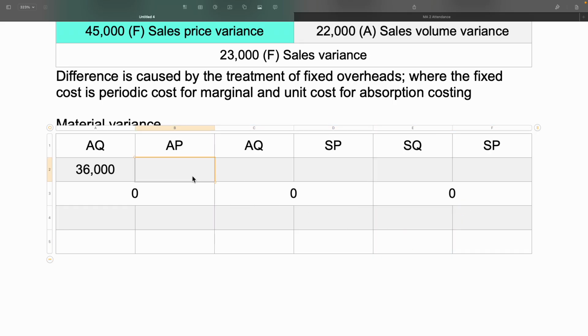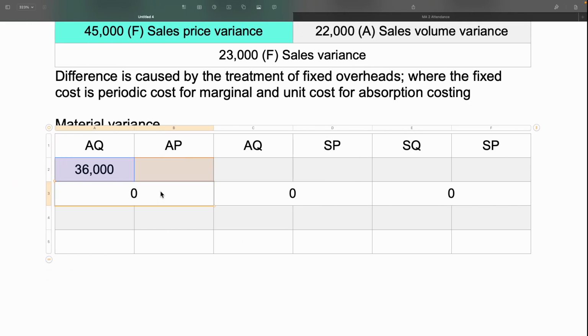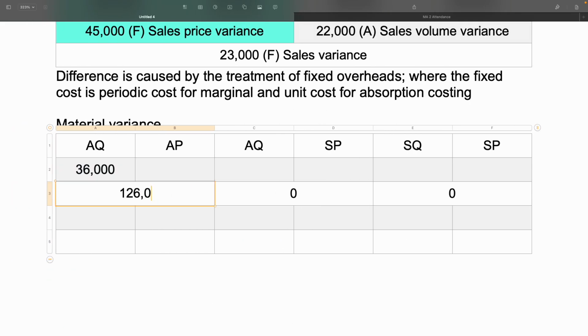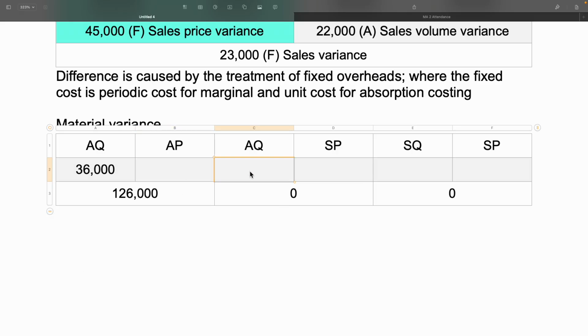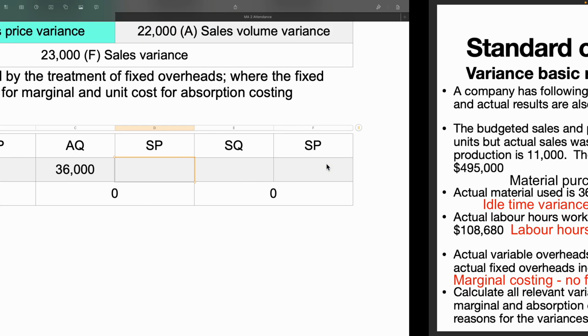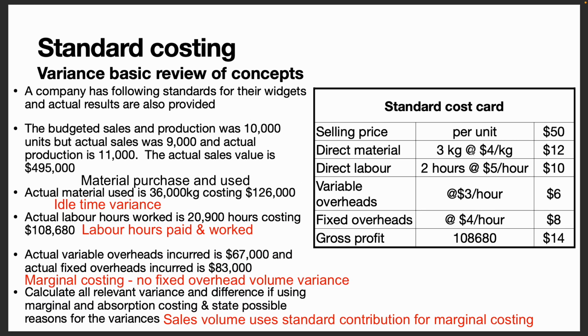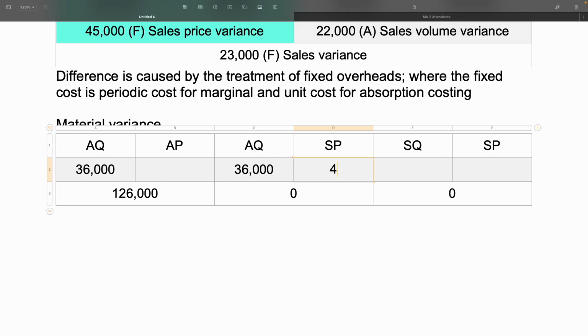Actual price we don't know, but we know the amount costing us is 126,000. The next thing you got there is actual quantity, same, 36,000. Standard price, well, what's the standard price? The standard price is $4 per kg, so you put 4.